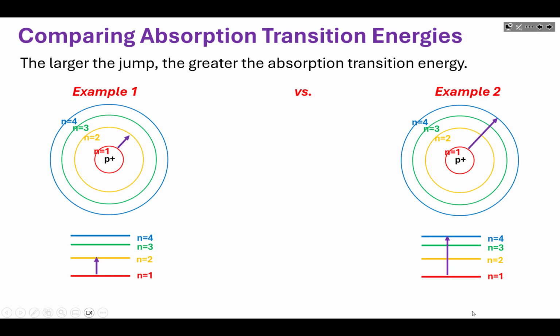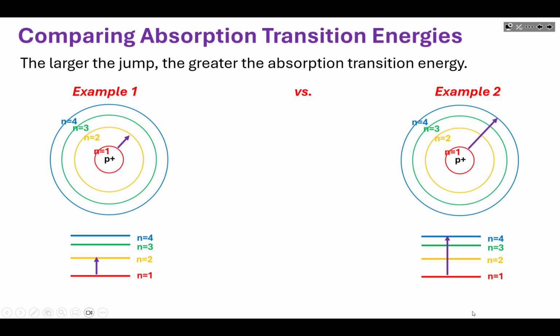So, how do you compare the energies, the absorption transition energies? And the key is the larger the jump, the greater the absorption transition energy. So you're absorbing energy. The higher energy the photon, we use photons as an example of the energy source, the higher energy the photon that's absorbed, the greater the jump.